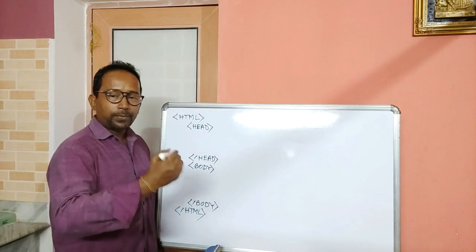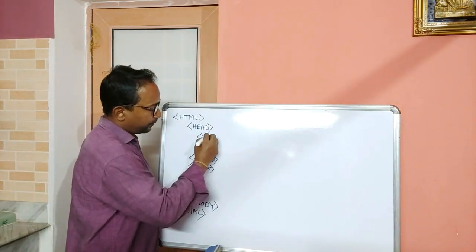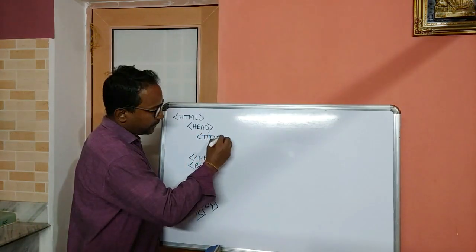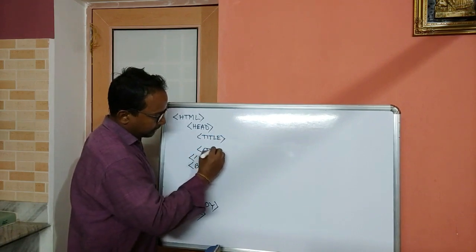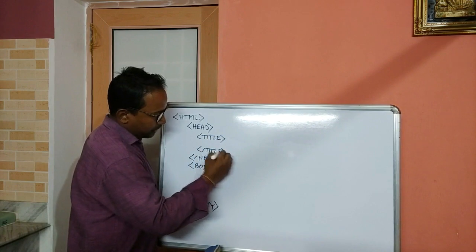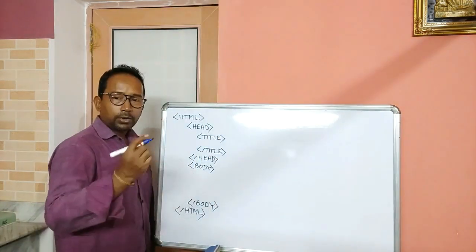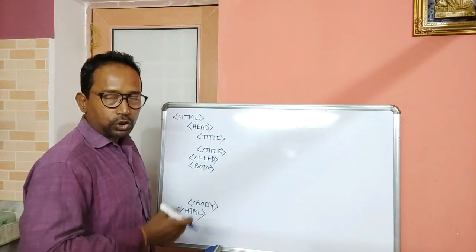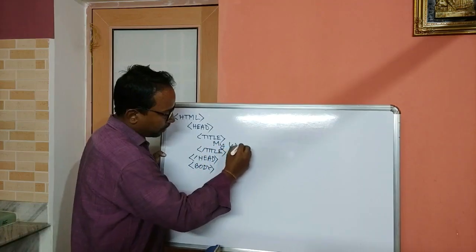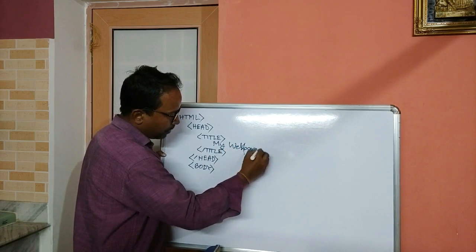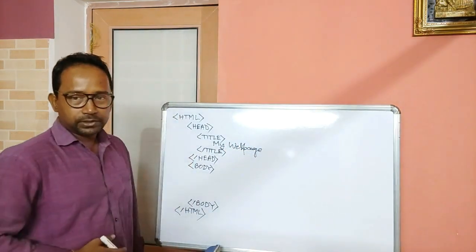That is again one paired tag, title start tag, and here the title end tag. In between the title start and end tag we will write what? The name of the web page or title of the web page. Let me give my web page as the title of my web page.